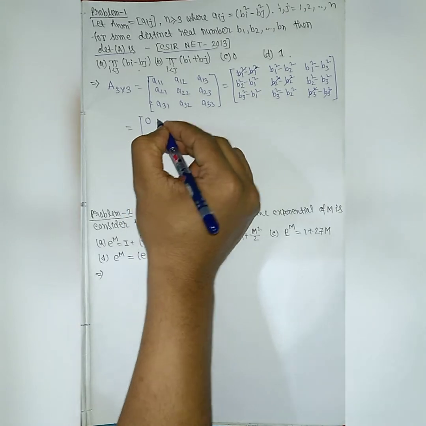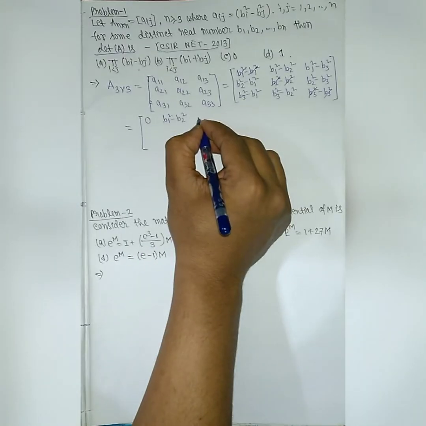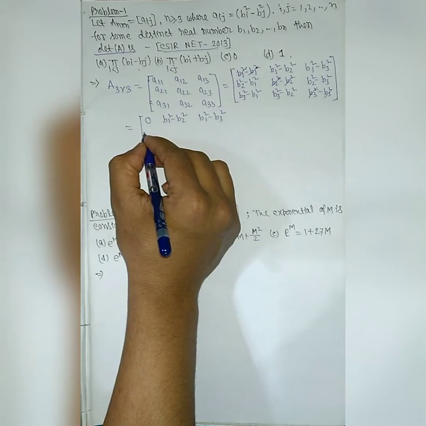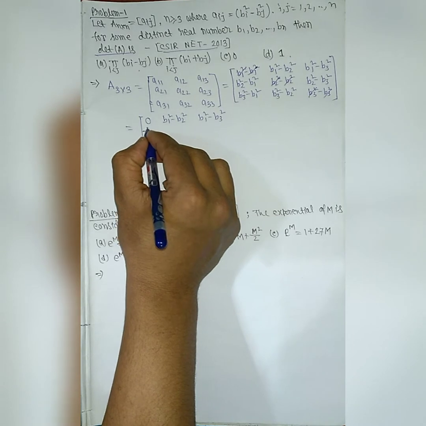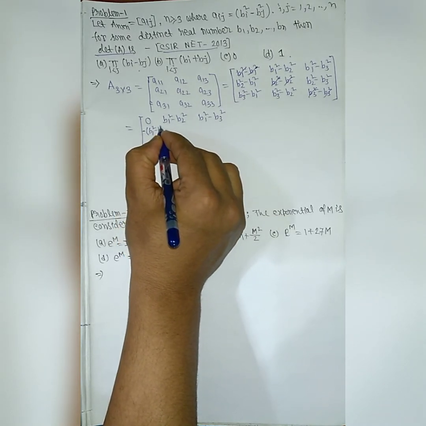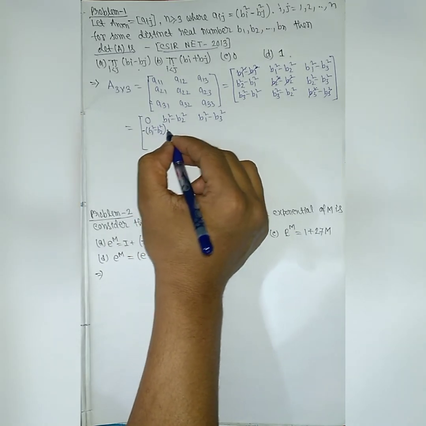This first element is 0. Next is b1 square minus b2 square, b1 square minus b3 square. Now in this case we take minus 1 common, then it comes b1 square minus b2 square. That is, this element and this element are exactly of opposite sign.